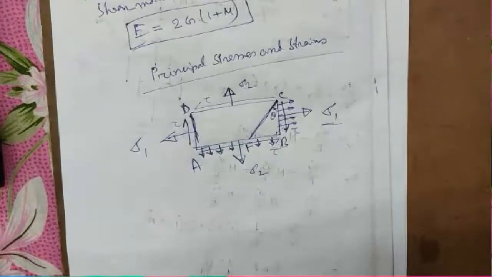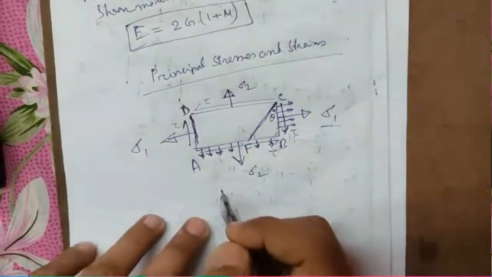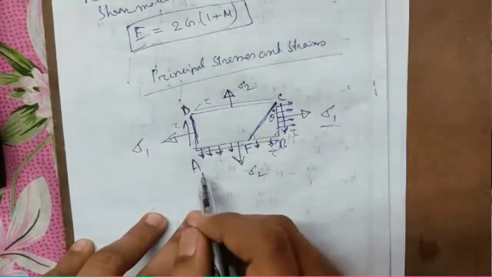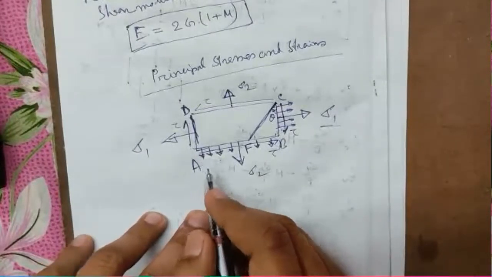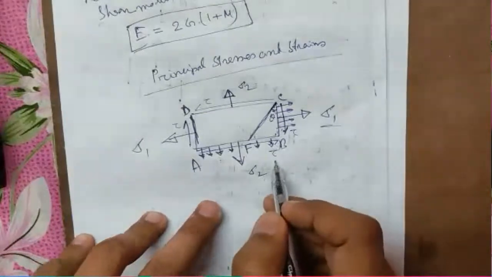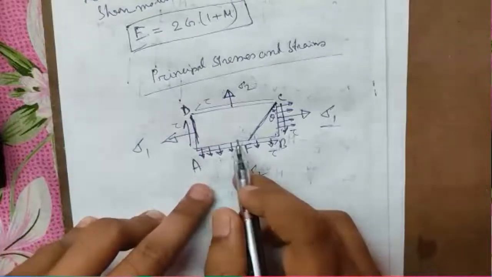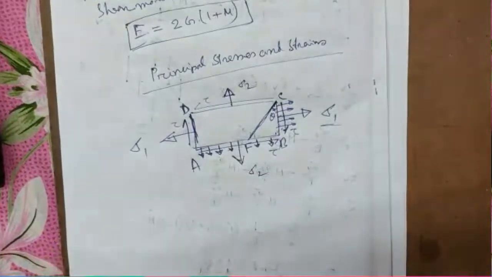Okay, now from this image we can understand that on the AB face and CD face there is another shear stress of equal value tau but in the counterclockwise direction, as the applied shear stress was in the clockwise direction. This is called the principle of complementary shear stress. And the second thing, the principal stresses.